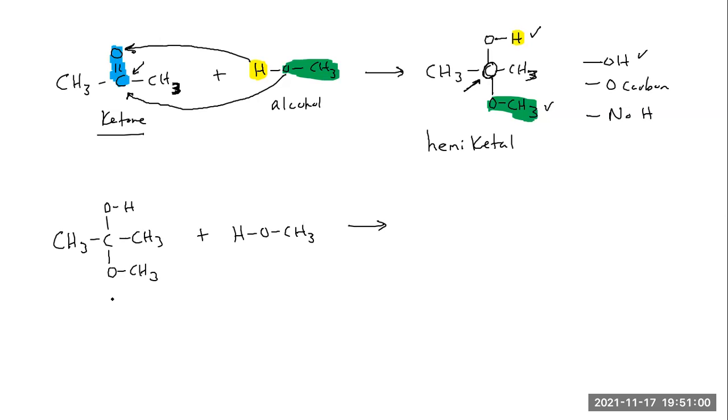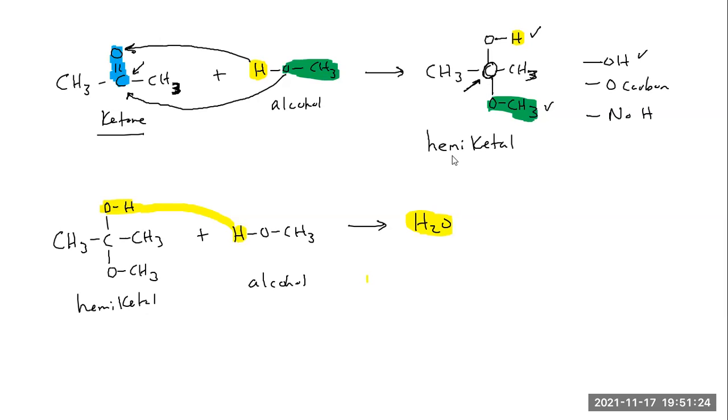And again, the exact same thing happens as it did in the hemiacetal. At this point, we're going to make water. And the water is going to come from the exact same spot. It's going to come from this OH and this H. They're going to come together here to make the water.